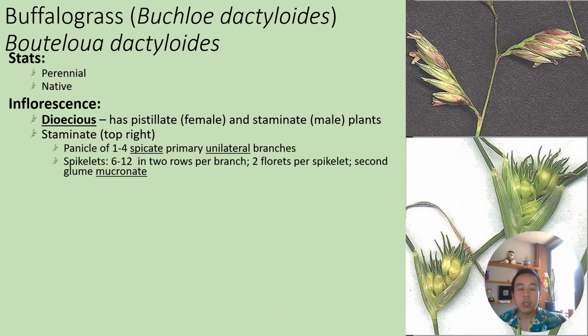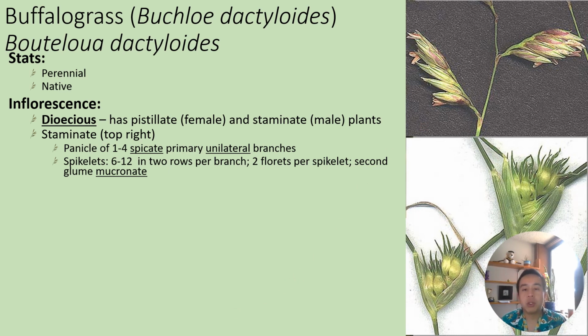The spikelets themselves, typically there are 6 to 12 in 2 rows per branch. You can't really see all 12 or the 2 rows right now because they're overlapping, so we see one set of spikelets on this side, and there's likely another row mirroring it on the other side that we can't see in this photo.